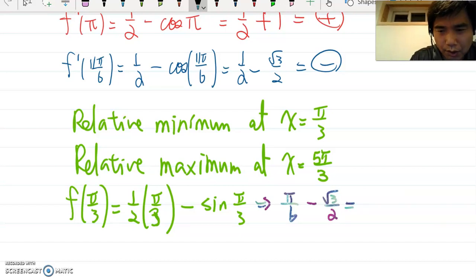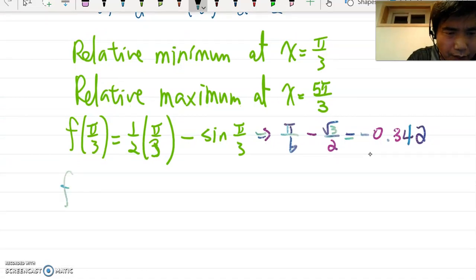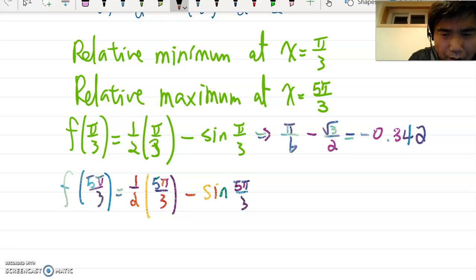Okay, so let me calculate that. This is about negative 0.342. And then f of 5 pi over 3 means 1 over 2 times 5 pi over 3 minus sine 5 pi over 3.